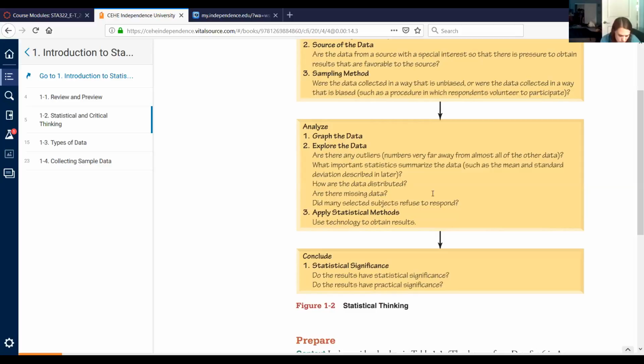And then you want to accumulate the data, explore it, graph it out. You want to look at things like outliers, numbers that are very, very far away from everything else. There's a beautiful study of NCAA head football coaches that was conducted, I don't know how many years ago now.